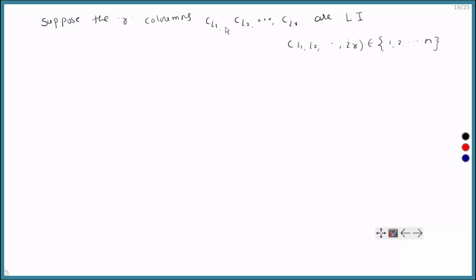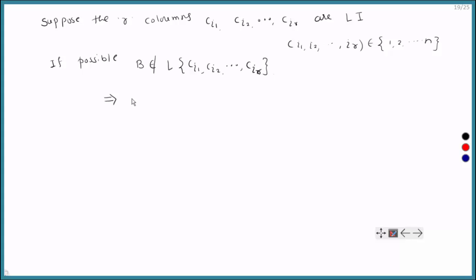We don't know which columns are linearly independent. Now, if possible, suppose B does not belong to the linear span of Ci1, Ci2, ..., Cir.